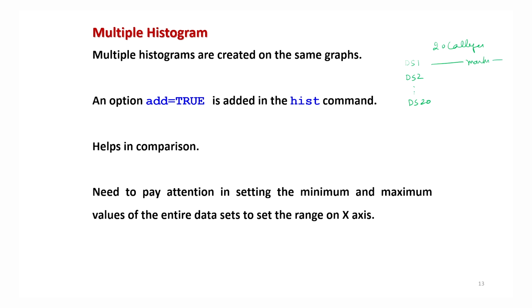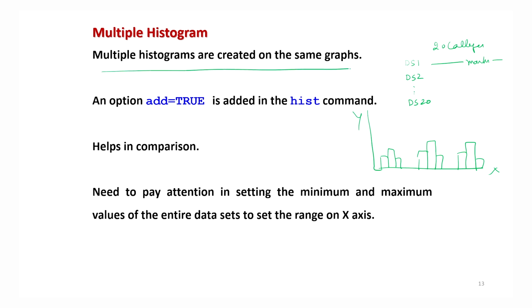Now, if you want to see the distribution of the marks, then one option is that you try to create these 20 histograms on different sheets, but if you can make these 20 histograms on the same sheet with the same scale of x and y, don't you think that it is going to be really helpful? So, this is called a multiple histogram. The multiple histograms are created on the same graph.